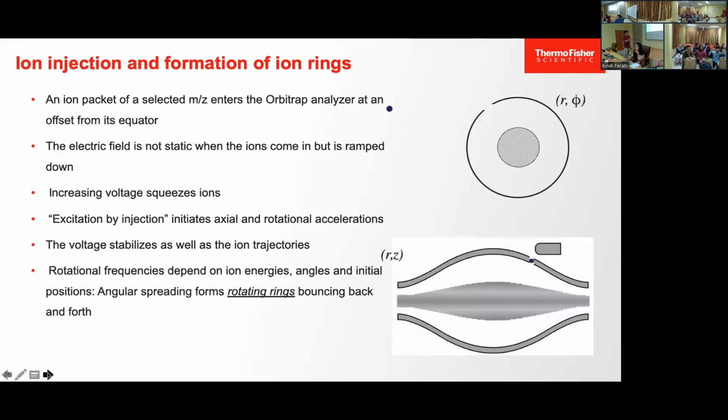If you look at this, this is the high potential, right side and left side. The ion enters not at the center, but slightly towards the right. Okay, so this is the ion. Next.